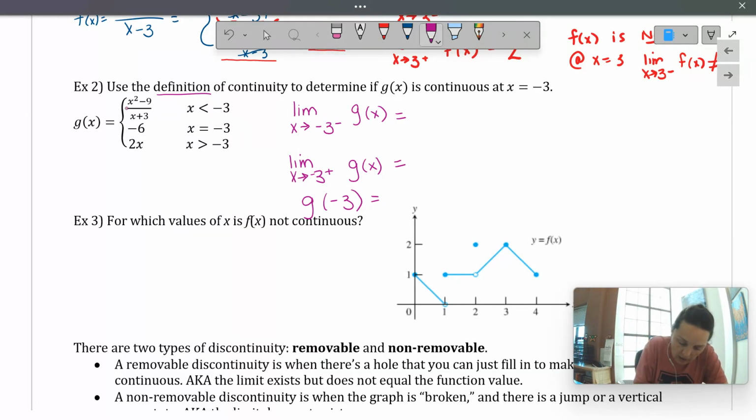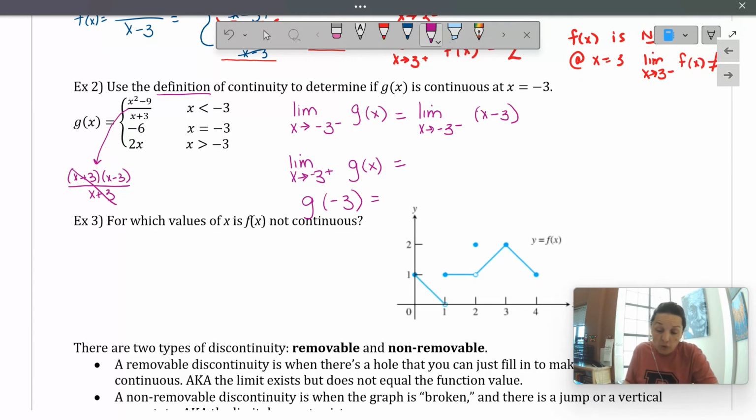So I got to come down here and say this is going to be x plus 3 times x minus 3 over x plus 3. So the limit as x approaches negative 3 from the left of g of x really means I'm plugging negative 3 into x minus 3, because that's what this simplifies down to. And that's going to be negative 6. Okay, that was a lot of work.